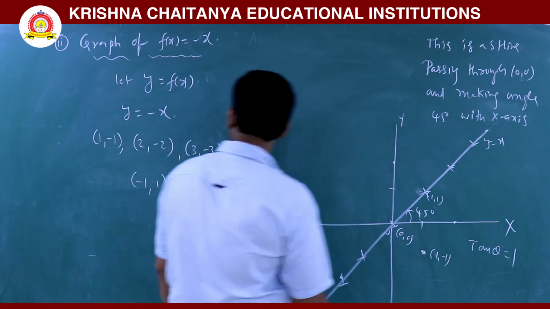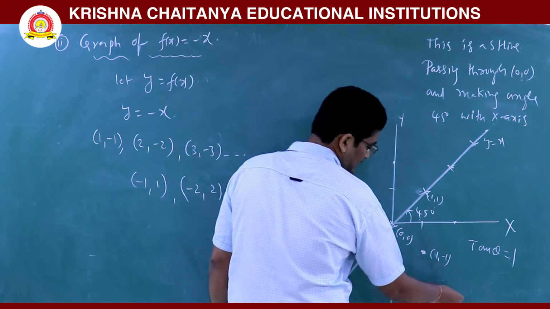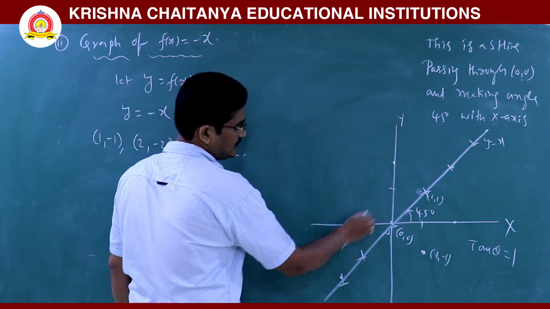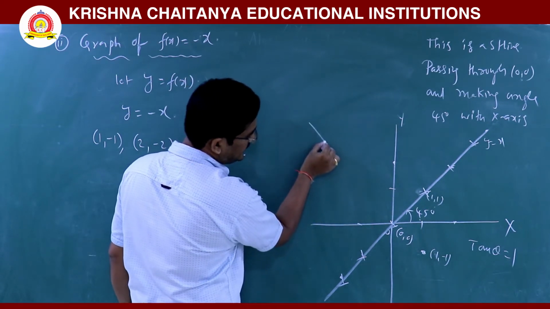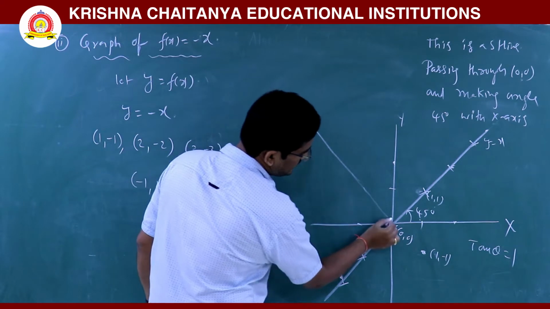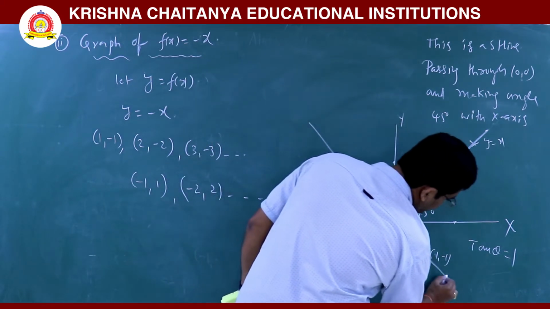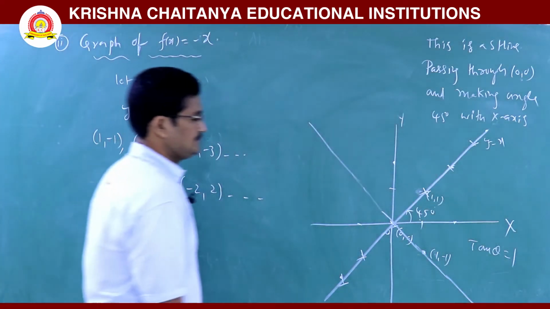In the same way, 2 minus 2, and so on. So you have to identify all the points and connect all of them, then you will get a straight line like this. This is the y equals minus x line.